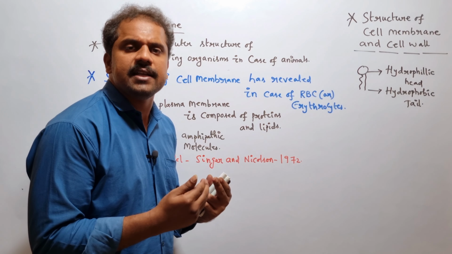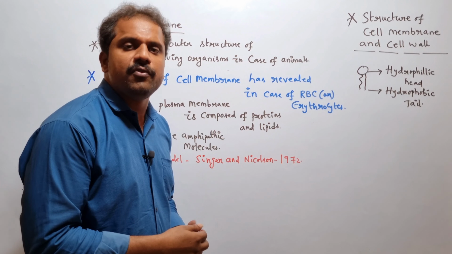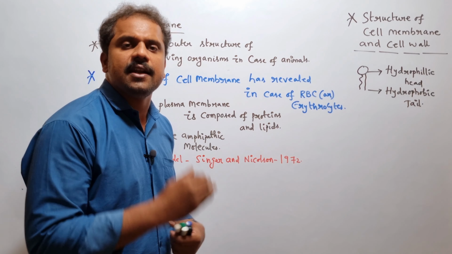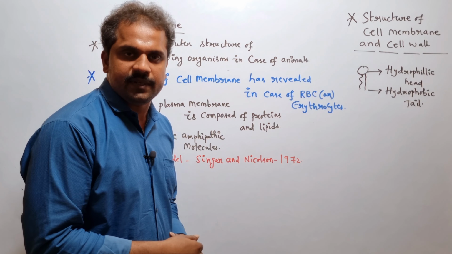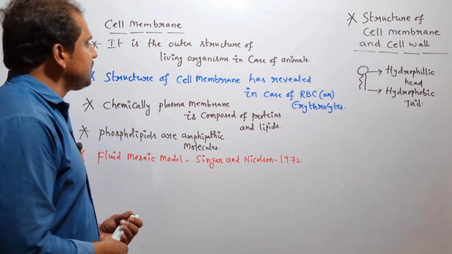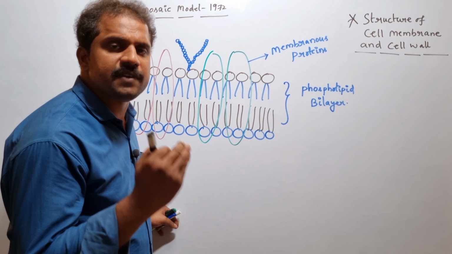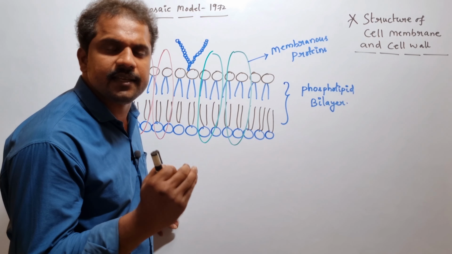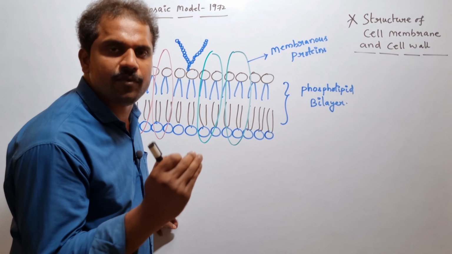So in order to understand the structure of the fluid mosaic model, let me show you the model so that you can easily understand how the proteins are arranged in the cell membrane or plasma membrane. So let me arrange the things first. According to Singer and Nicholson, proteins are the icebergs in the ocean of lipids.